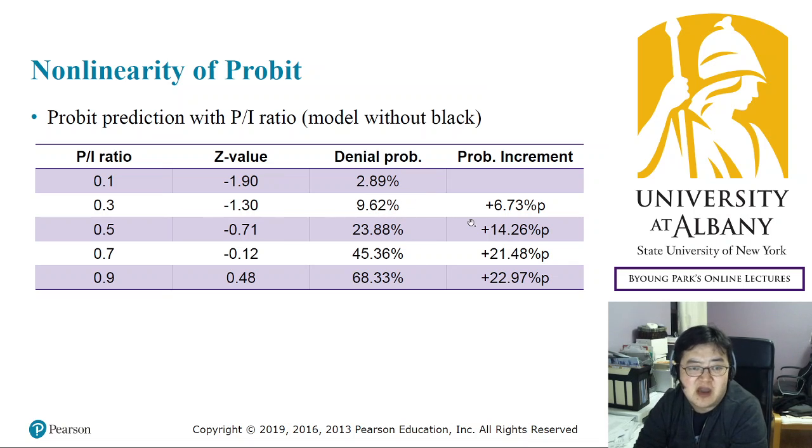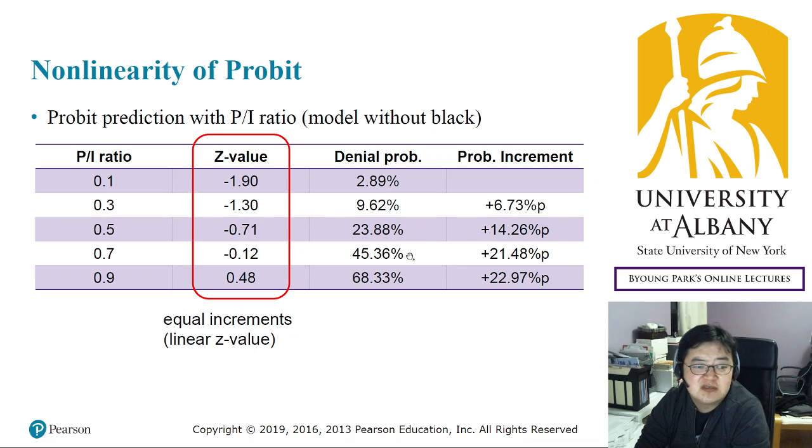Now what you can see from here is a clear pattern. First, the PI ratio increases by 20 percentage points each time, and the z-value also increases uniformly. The increments are equal over all 5 intervals. This is obvious because the z-value is calculated linearly.